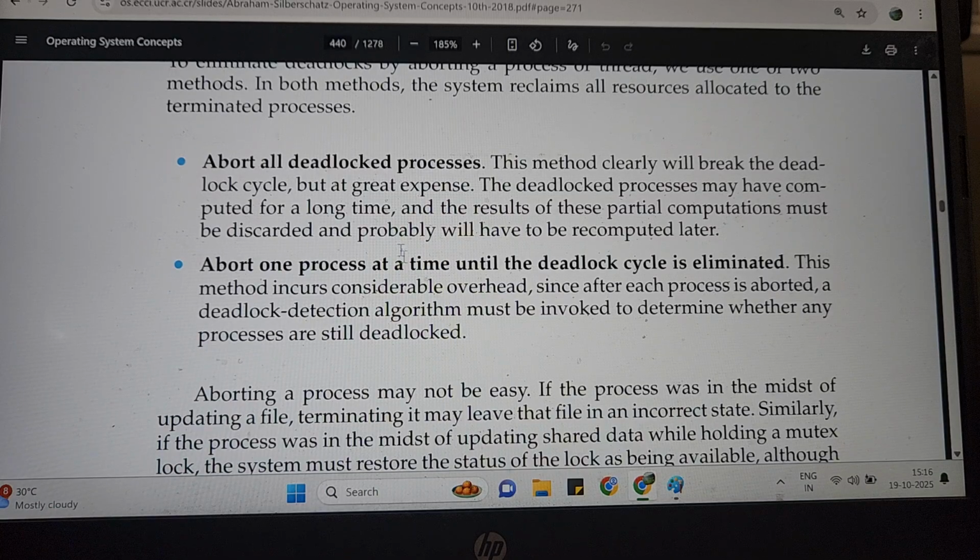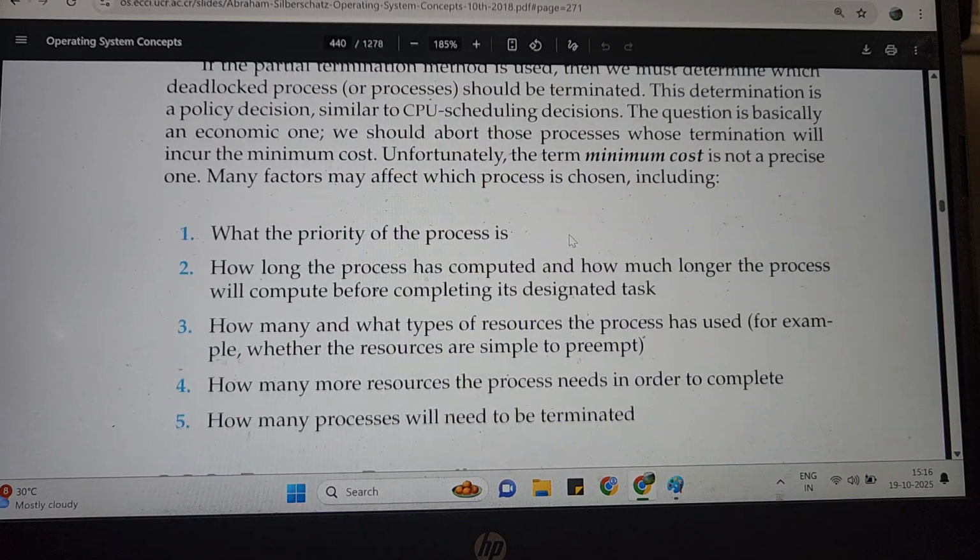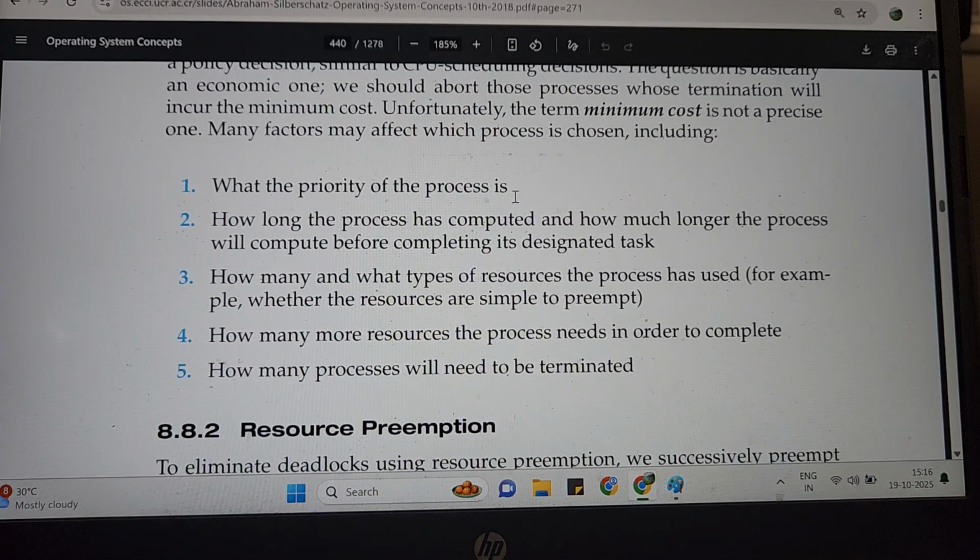If yes, again you kill the second process, go back, check, and so on and so forth until the deadlock is removed. And the choice of which process to terminate depends on its priority, how much progress it has made, how much longer it needs to work to finish itself, what type of resources it uses, and so on and so forth.